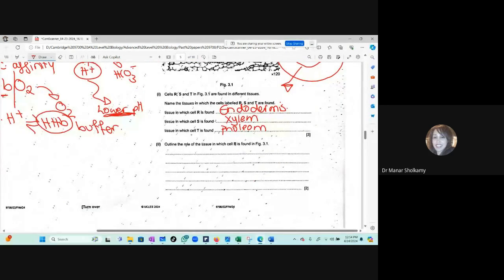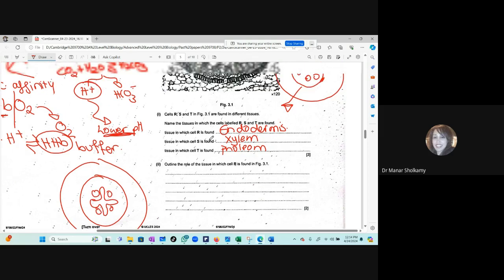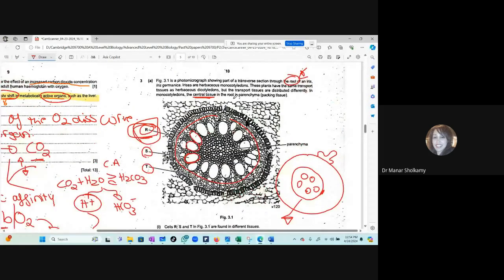We are used to dicots, which have the external epidermis and the internal endodermis, and the vascular bundle looks like a flower. The central tissue is the xylem, surrounded by the phloem. But they told you in this question that it is a monocot. If you read the question carefully, the central tissue in the root is parenchyma, and the tissues are distributed differently.